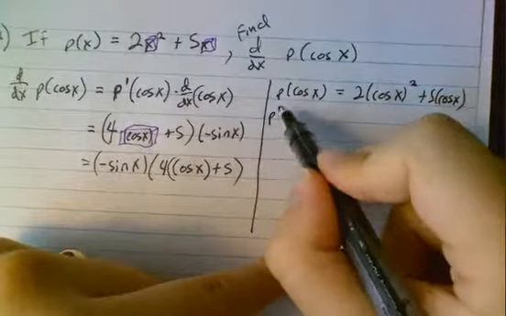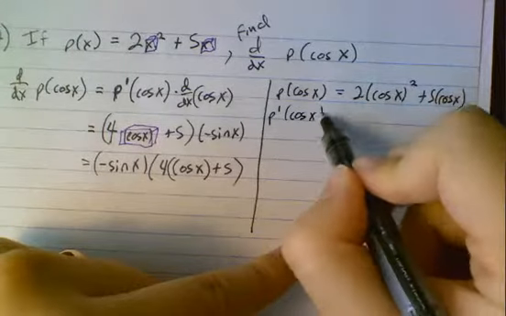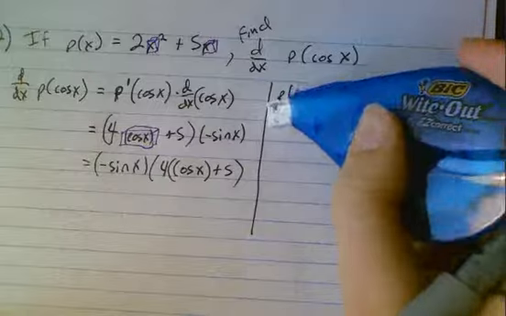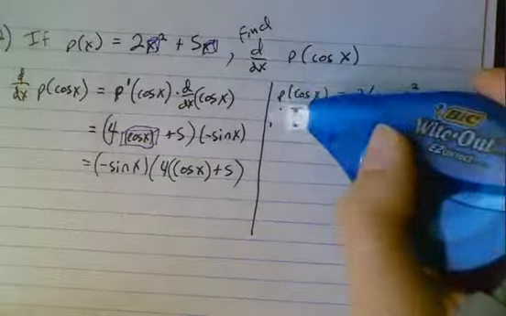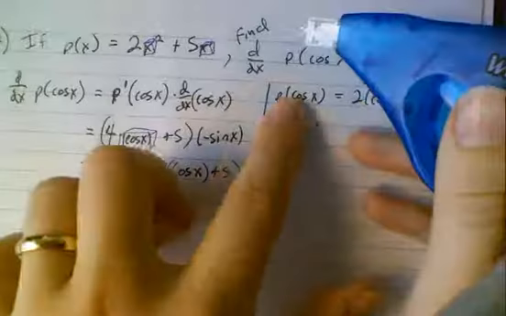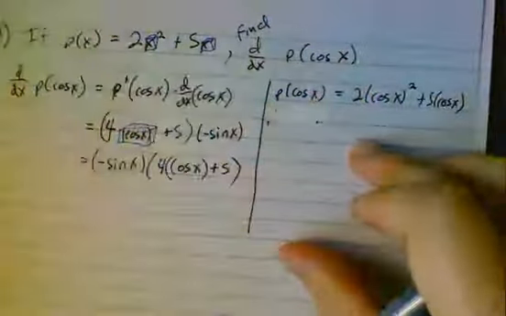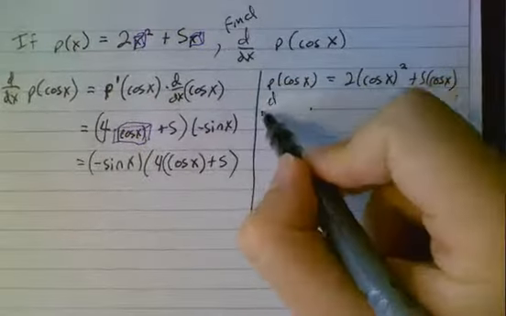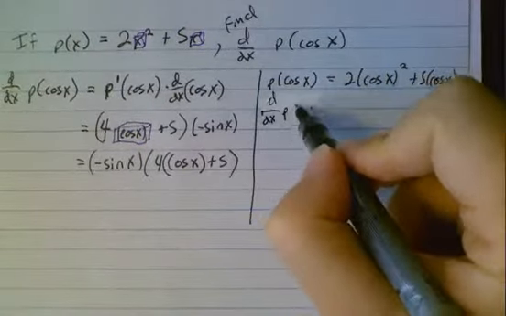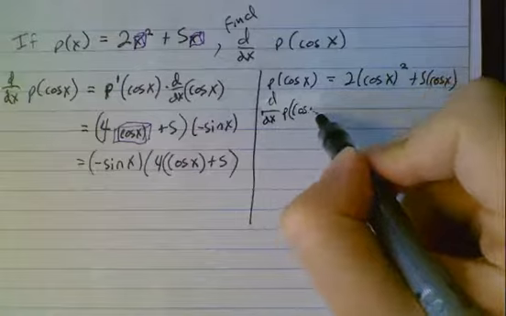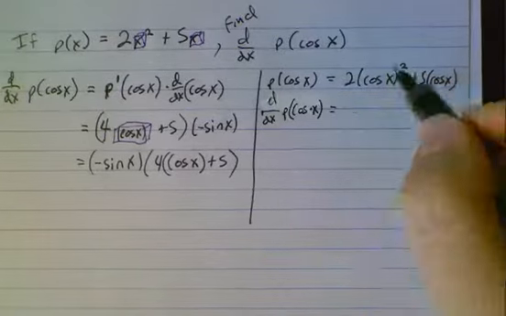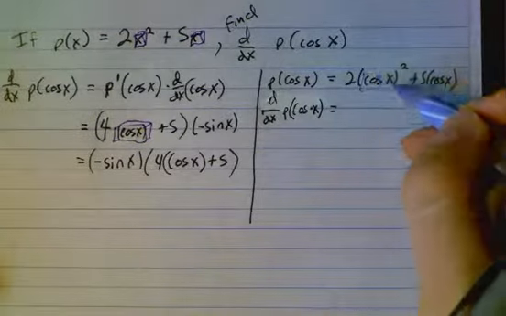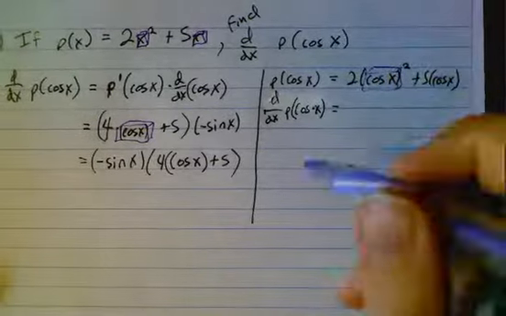And then when we take the derivative, what we would do is just be doing that chain rule. So here we've got our box.